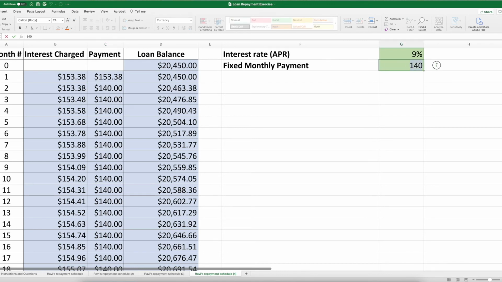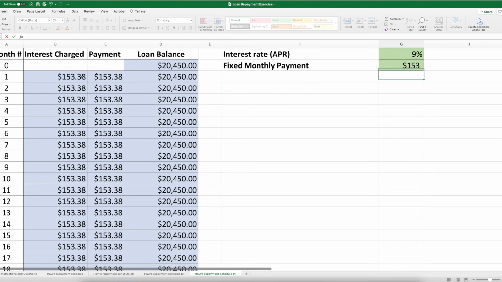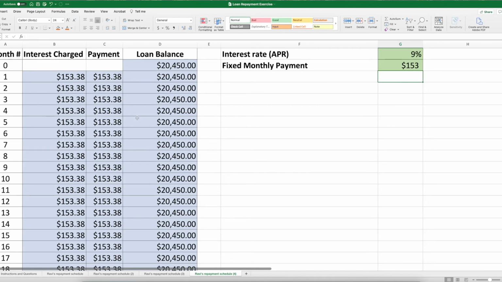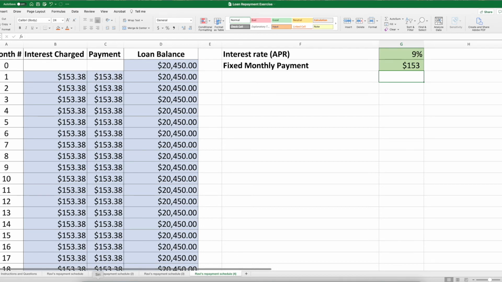If you make the fixed payment amount equal to his interest charge, his loan balance doesn't grow, it remains the same. If the payment is more than the interest charge in the first month, then the loan balance will go down, as I said. But for it not to grow, he must at least pay the interest charge of the first month. So this is the smallest amount that he can pay per month so that his loan balance doesn't grow: 153.38.